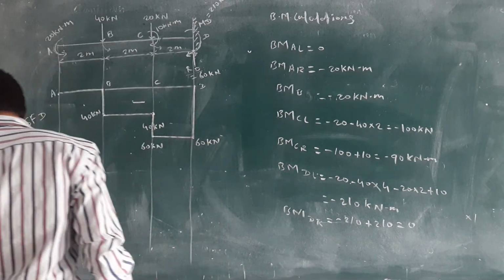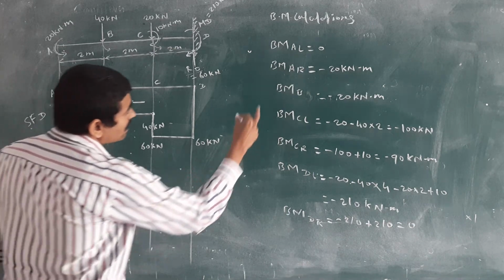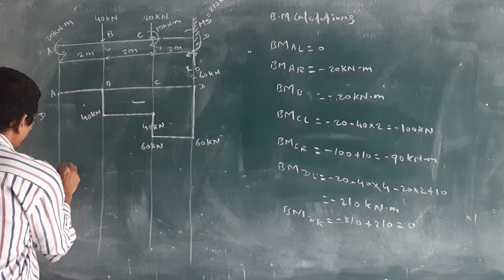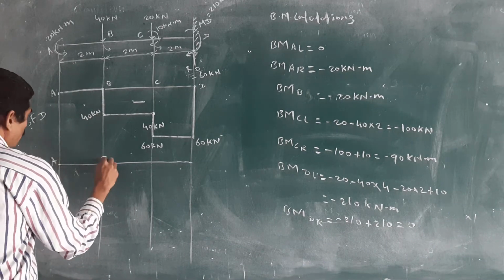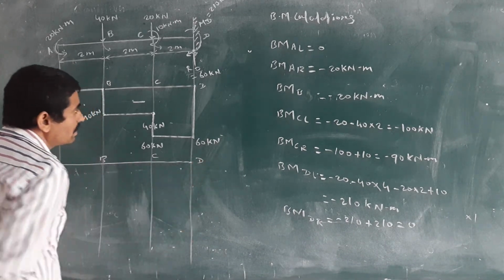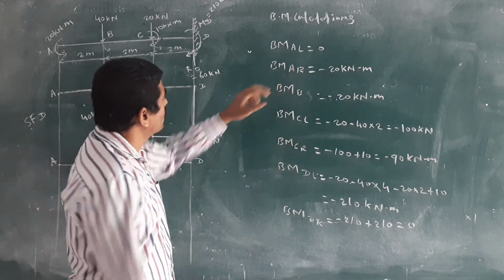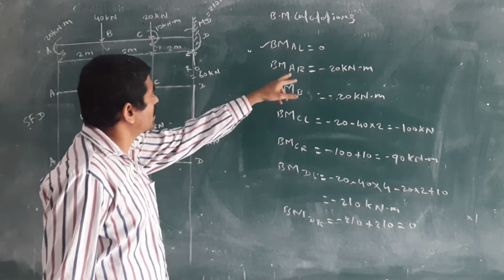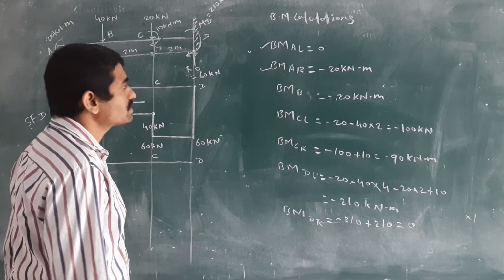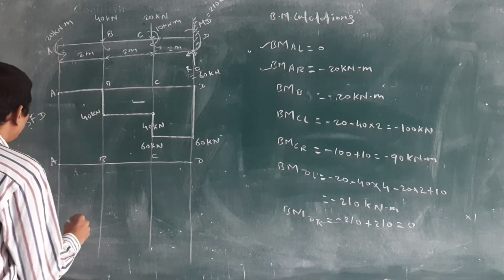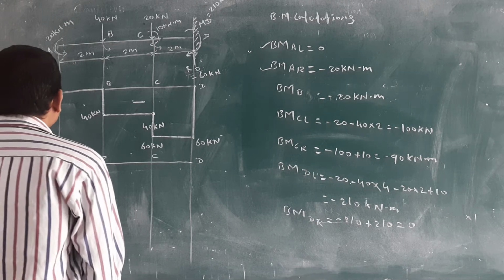Then you can draw the bending moment diagram with those calculations. See, all the values are negative. Then we will start from here. At points A, B, C and D. Take the bending moment at point A, 0. Okay, we will start from there, left side and right side. Bending moment at point A, right side, minus 20 kilonewton meter.